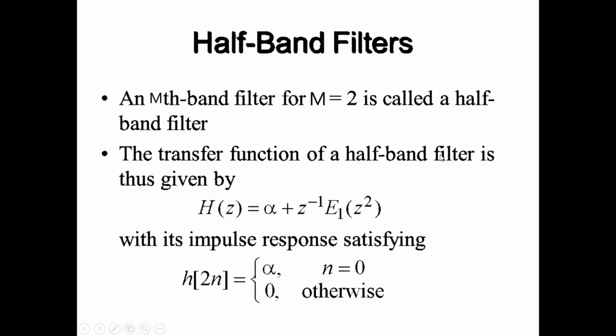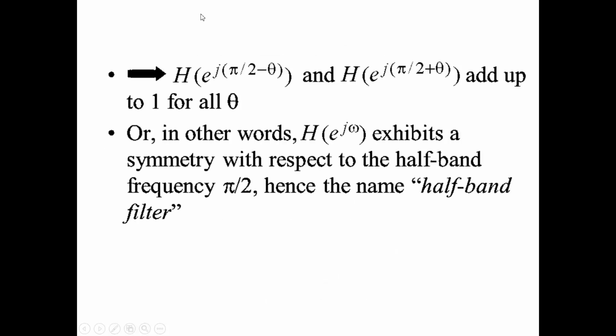Now this half band filter will have only two components. The spectra of these two filters will be represented by H(e^j(pi/2 minus theta)) and H(e^j(pi/2 plus theta)), and these two spectra add up to 1 for all theta.